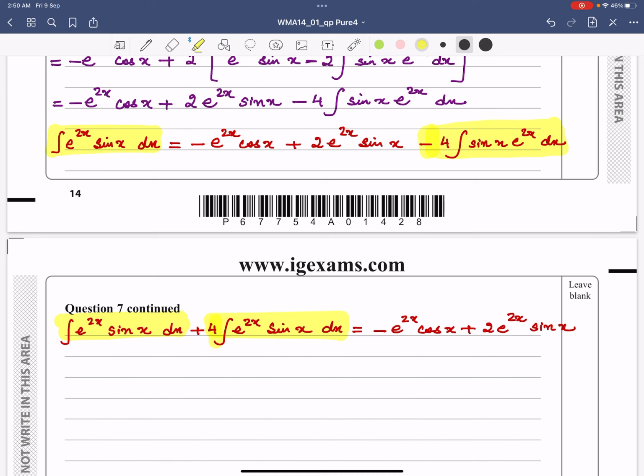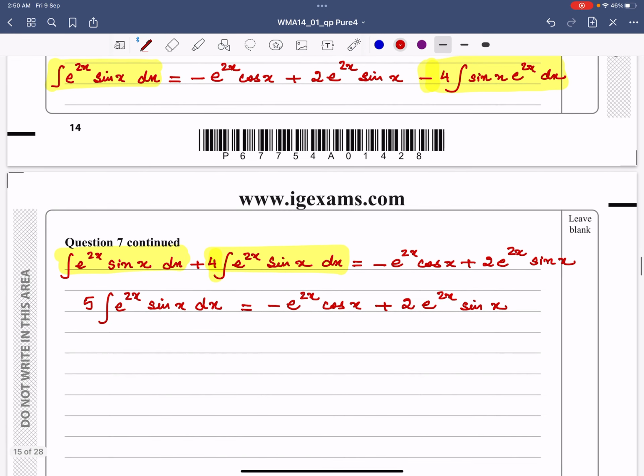So we have 1 into integral of plus 4 into. So we have total 5 into integral of e to the power of 2x sine x with respect to x, and that is equal to minus e to the power of 2x cosine x plus 2 into e to the power of 2x sine x.